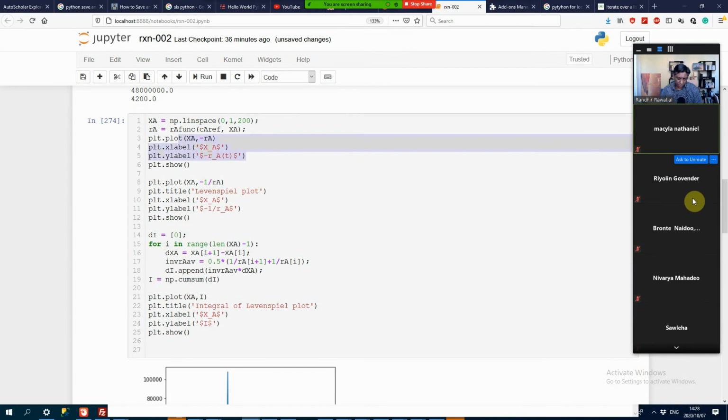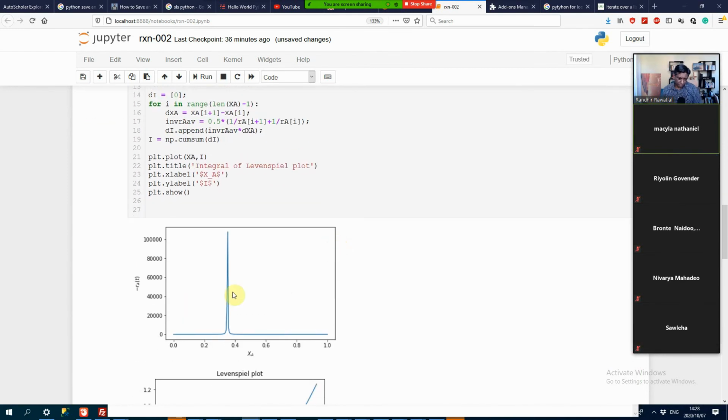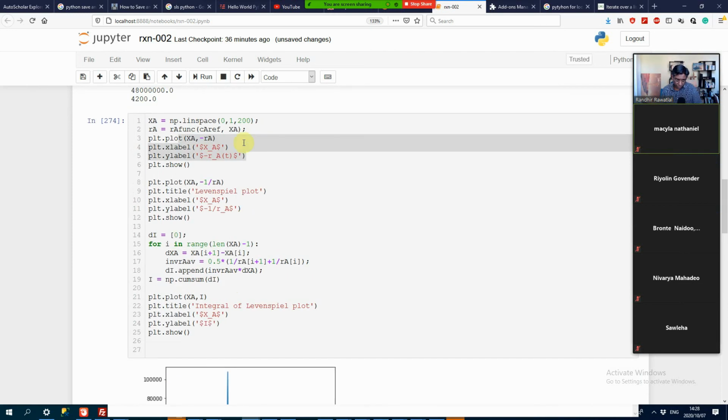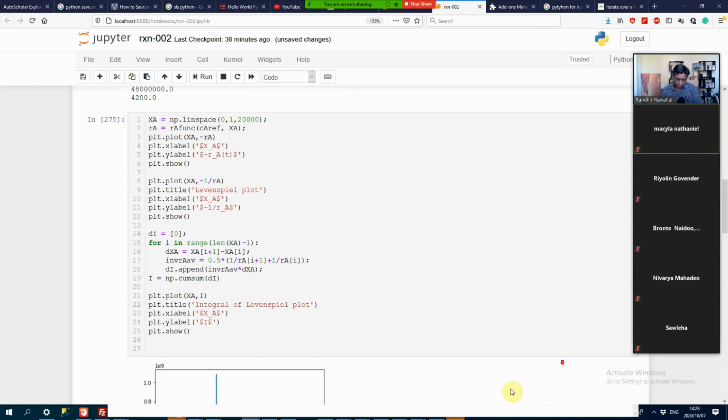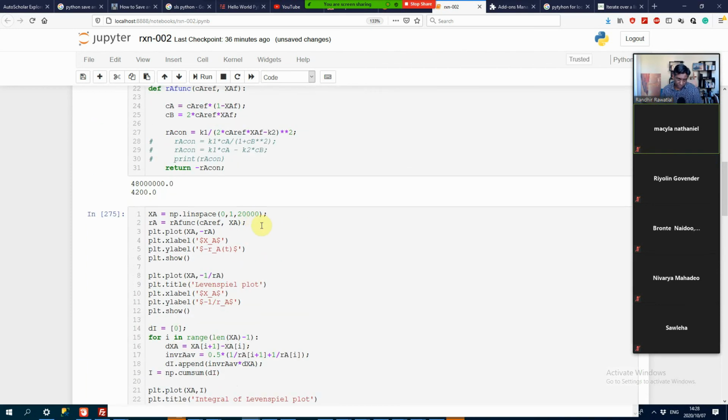So let's plot that. And you see, it looks like something weird is going on here. So you're getting a reaction rate that looks close to 0, and then it shoots up, and it looks like it might be going off to infinity. So if you increase the resolution here, you'll find that number goes up further and further. So anyway, let's put this back.